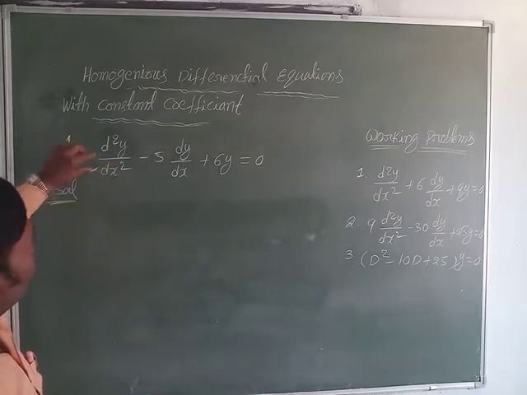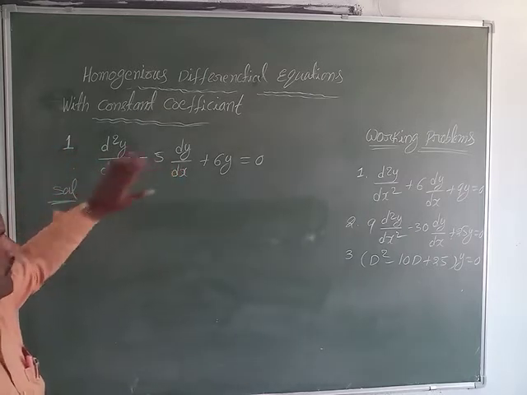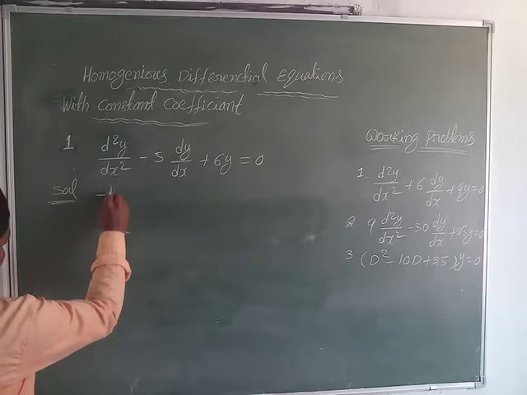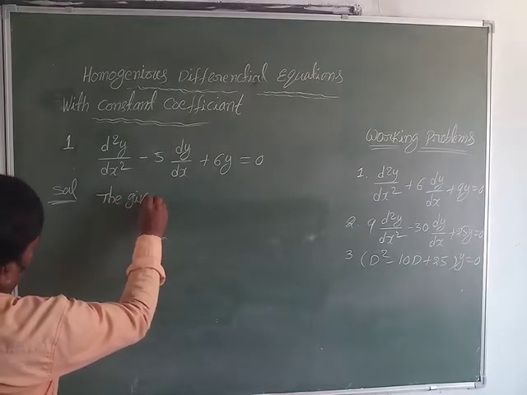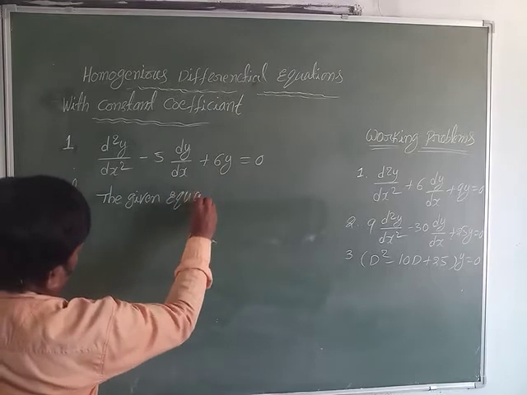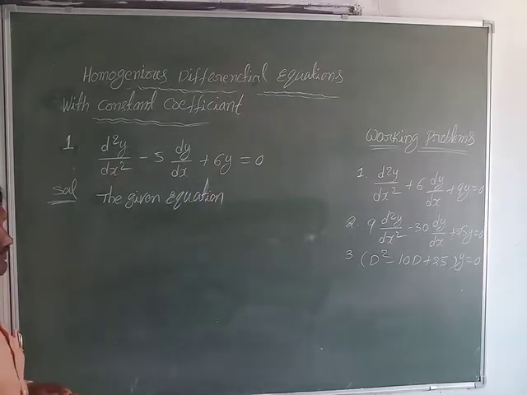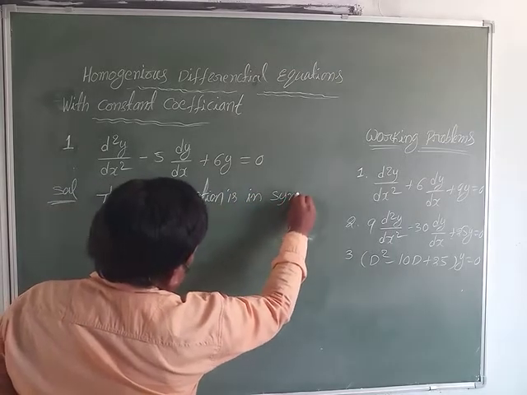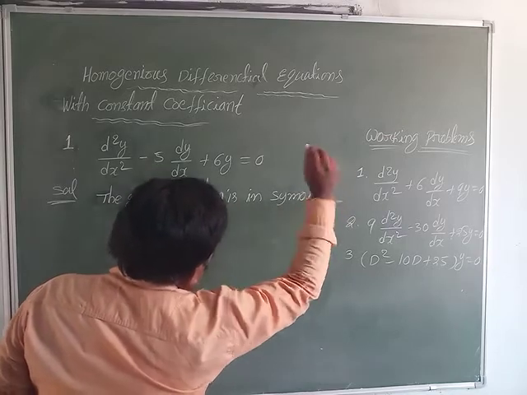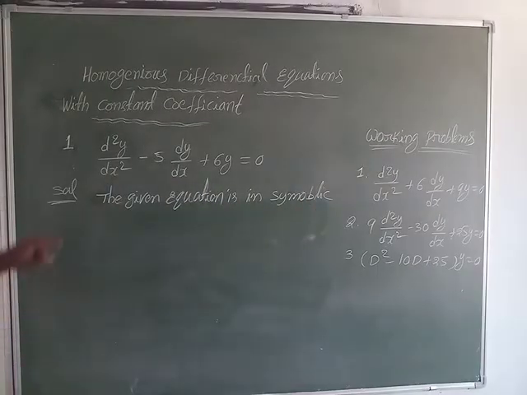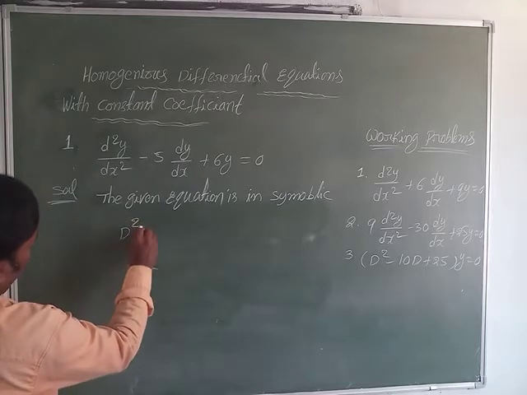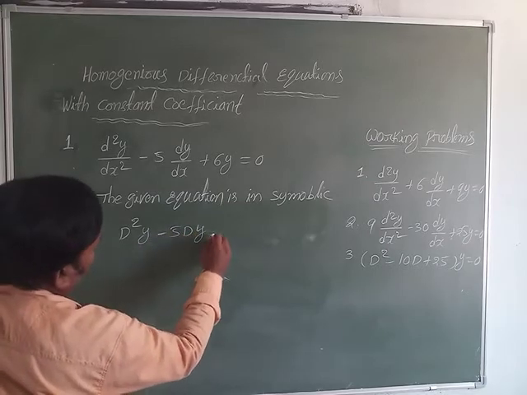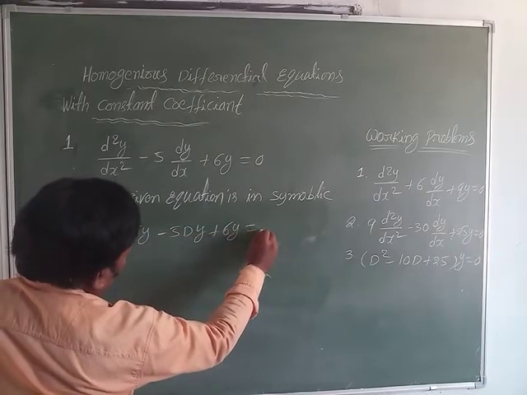First of all, how to change this differential equation into symbolic form. The symbolic form of the given equation: the second derivative means d square y minus 5 into dy plus 6y equal to 0.